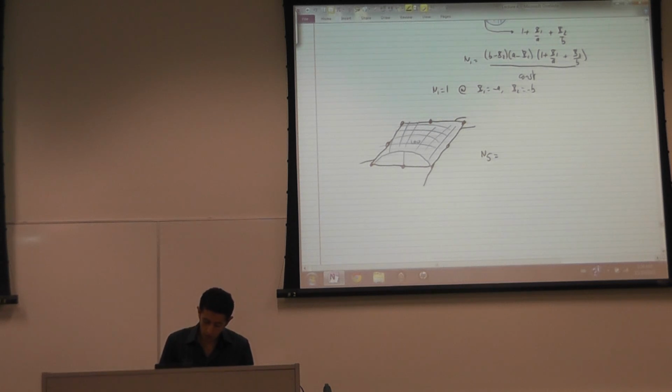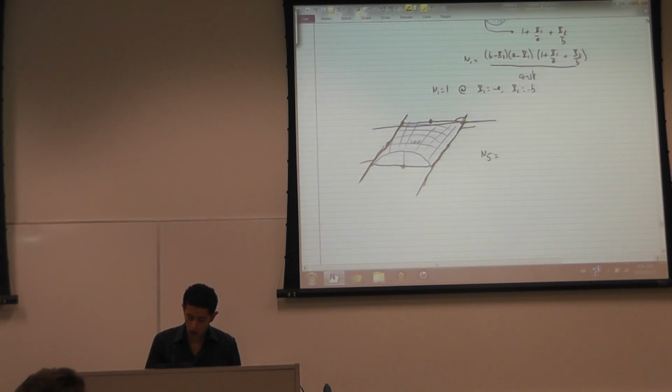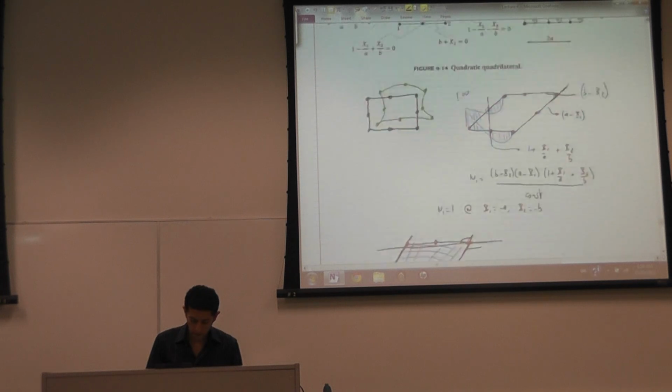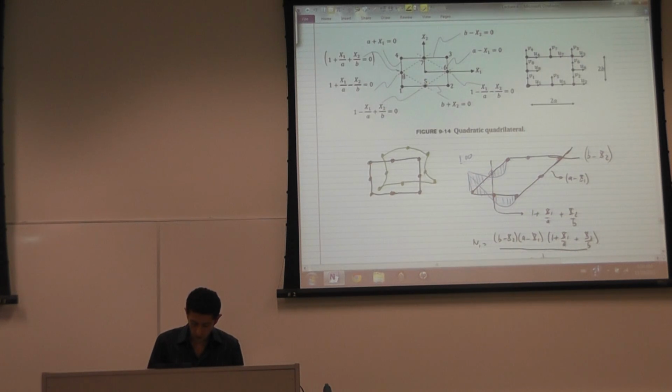Line 1, 2, 3. The equations of those three lines are A minus x1, B minus x2, and A plus x1.